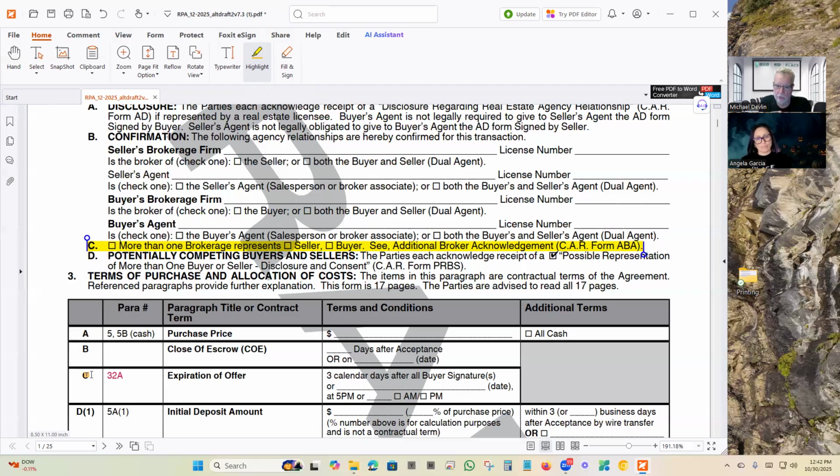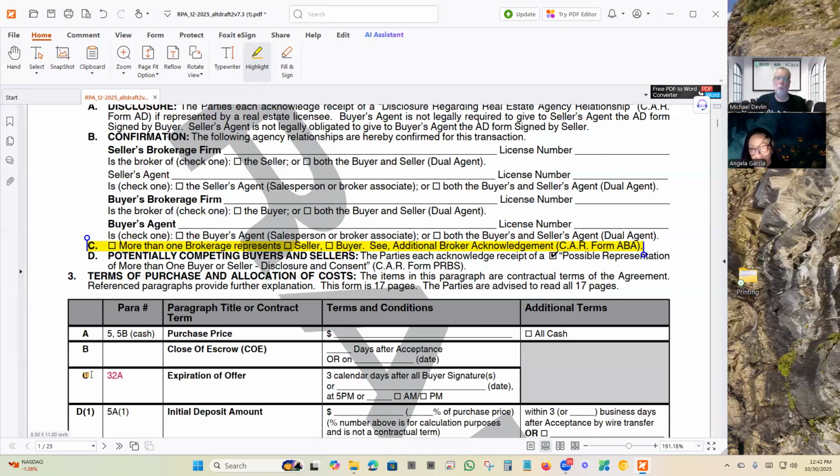As soon as you check one of those two boxes, seller or buyer, that form automatically gets added. How many of these forms are connected in the RPA? This would be a trivial pursuit question, if people still do trivial pursuit. The answer is about 60. There are about 60 forms that show up if you check a box.